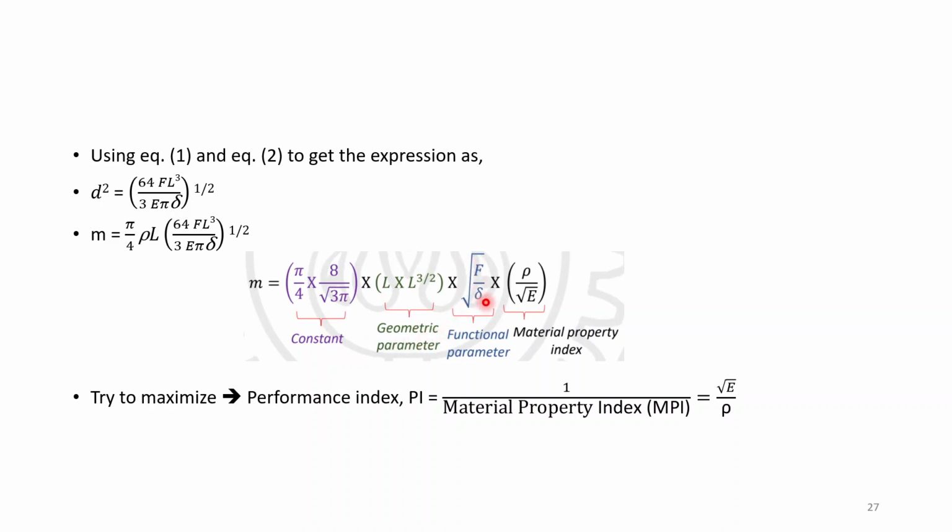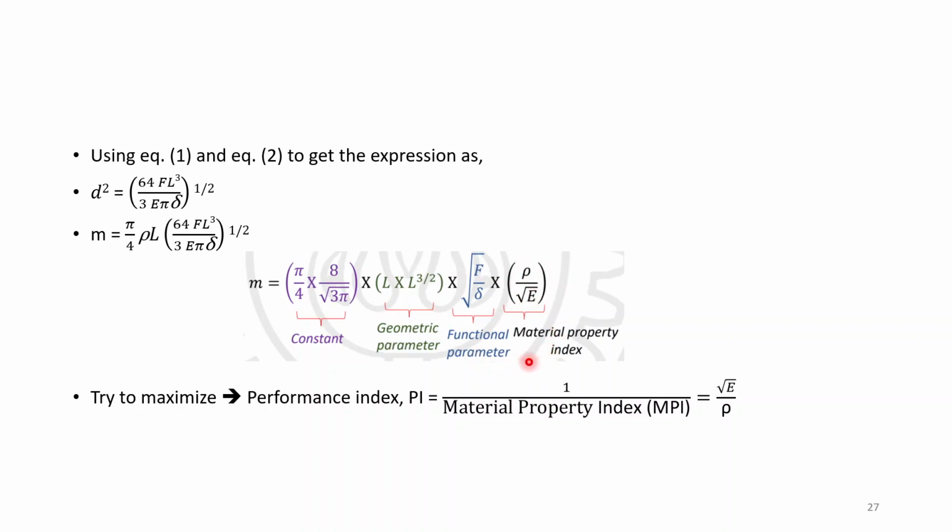Under root F upon delta, this becomes your functional parameter, and rho upon root E, this becomes your material property index. So in this case we try to maximize performance index, which is the inverse of material property index. So mass we try to reduce, right, in particular we're trying to find lightweight material.